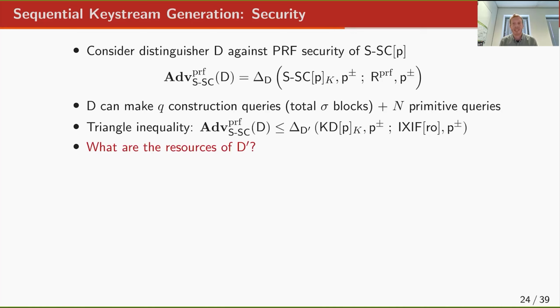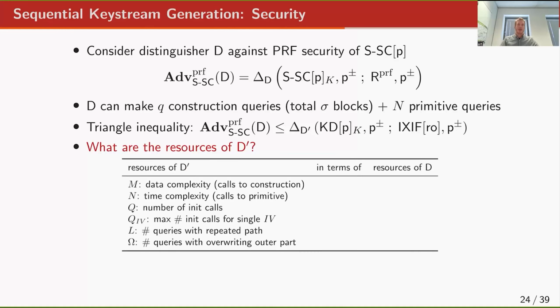And then we have to do the same exercise again. What are the resources of D prime? Same picture, capital M, capital N, Q, Q_IV, L, omega. N is N, Q is Q, capital M is sigma in this context, because sigma is the total complexity of the encryption, the total number of blocks, which is the total number of duplexing calls.